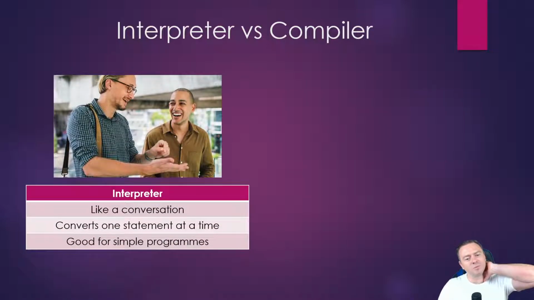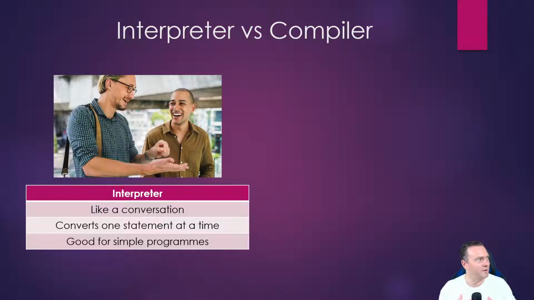Imagine when we interpret, it's like a conversation. You've probably seen an interpreter at the United Nations when someone's speaking. For example, if I was speaking to someone from Germany, they might not necessarily understand English. So we would have someone in between that interprets it for us, and it's like a conversation.